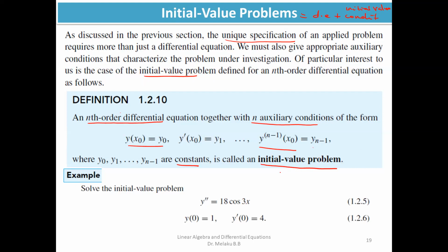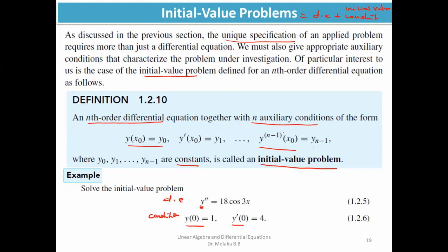problem. To be more clear, consider this one. This is the differential equation, and these are the auxiliary conditions. Because this one is second order, we have y at 0 and y prime at 0.